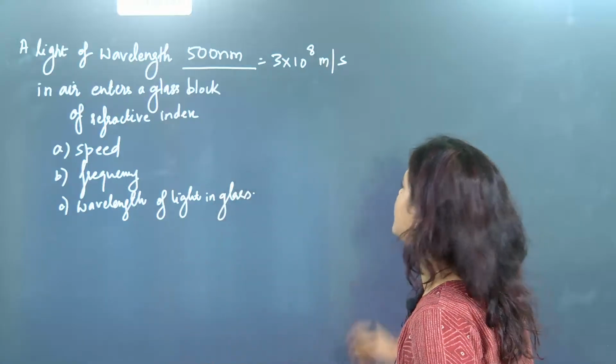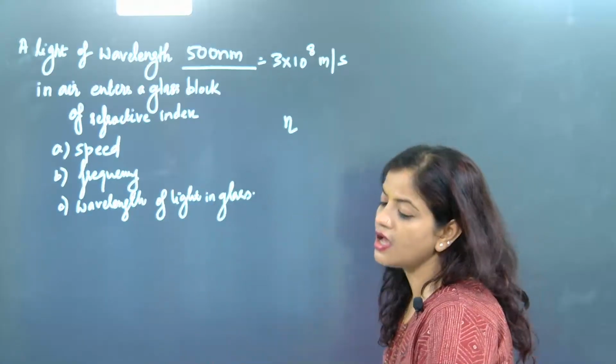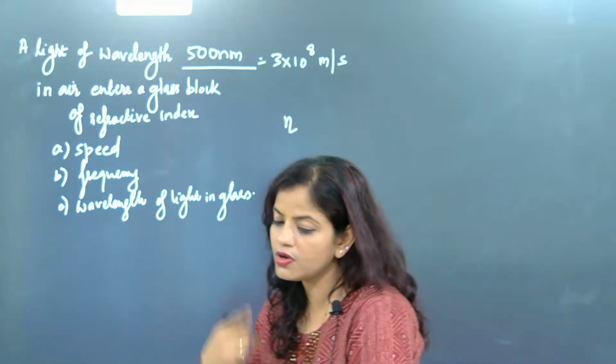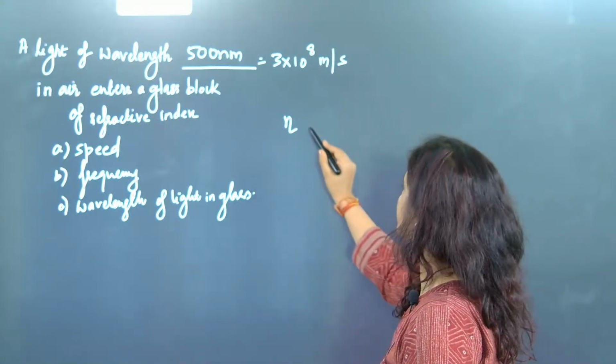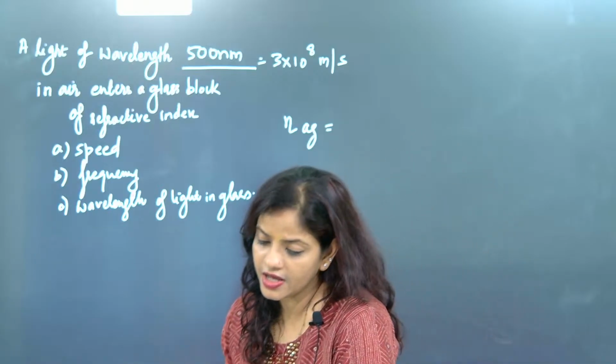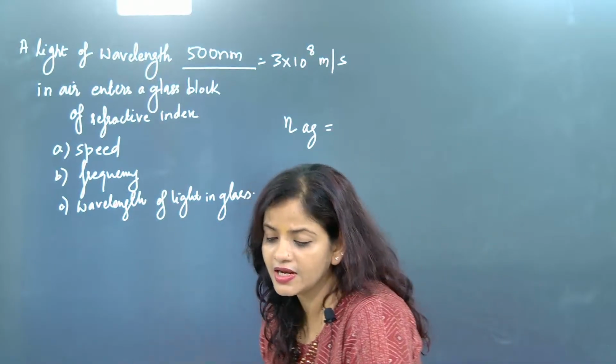So now the refractive index, when somebody asks, what can we say, beta? The refractive index from air to glass we are writing. So the refractive index from air to glass will be the velocity of light in air divided by the velocity of light in glass.